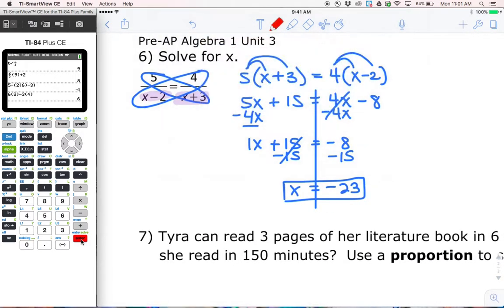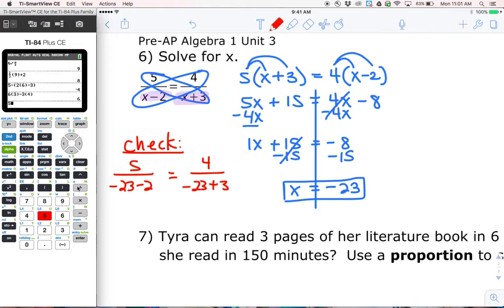Here we go. So we're going to plug it into each one of our sides. We're going to do 5 over negative 23 minus 2. This should be equal to 4 over negative 23 plus 3. Let's check it in our calculator. Here we go. So we've got 5 divided by (negative 23 minus 2). This is the left side of our equation, and we get negative 0.2.